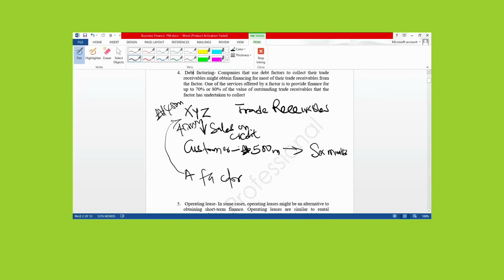There are two types of debt factoring. You can have factor with recourse, factor without recourse. If the contract is factor without recourse and the customer defaults, then the factor will bear the loss.